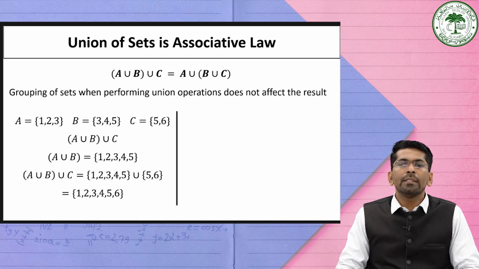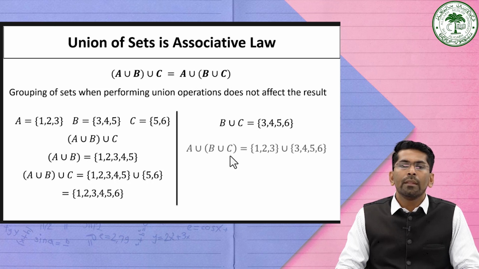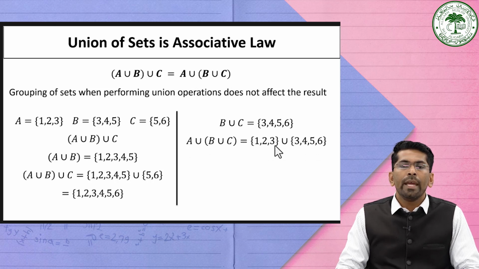Now we consider the right hand side of the formula, that is, A union (B union C). First we calculate B union C. B is {3, 4, 5}, C is {5, 6}. So B union C is {3, 4, 5, 6}. Then we union this with A. A is {1, 2, 3}, union B union C, that is {3, 4, 5, 6}.